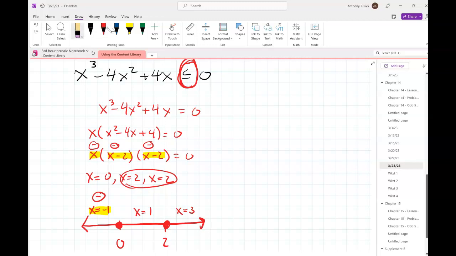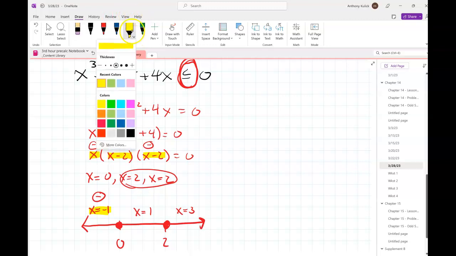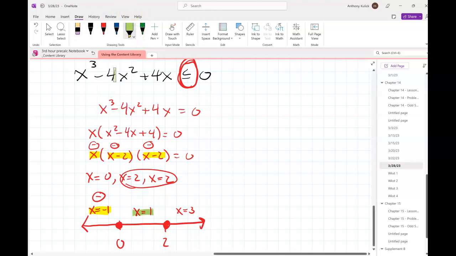I'm just trying to do this in an expedient way in my head. So if I do this one, that's positive, negative, negative. That's going to be positive. And if I do the last one, that would be positive, positive, positive. Well, that's positive.